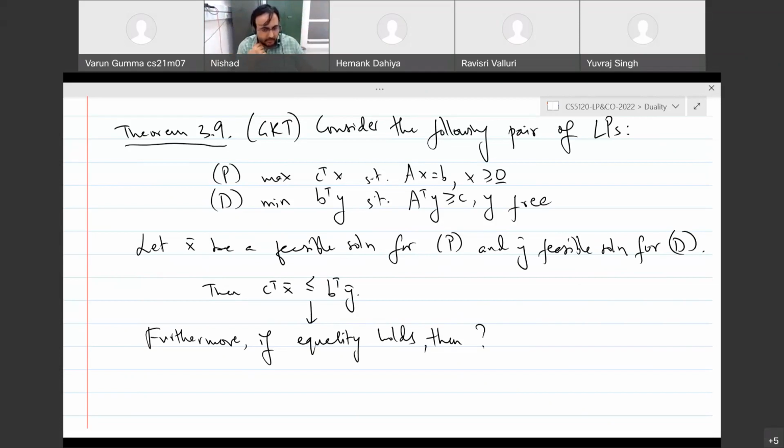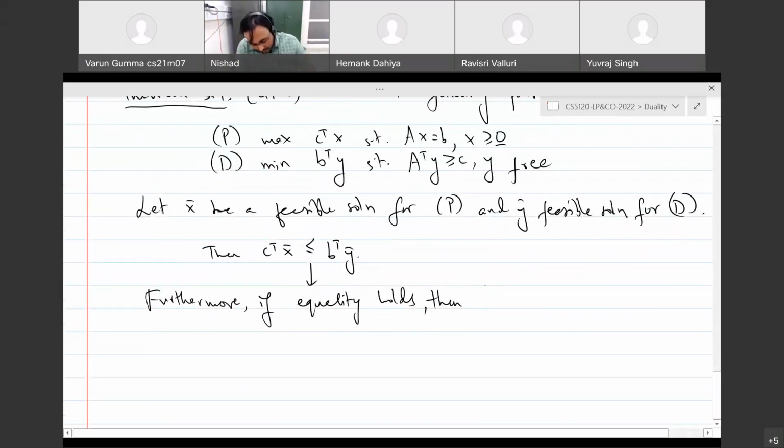Sorry, B transpose y bar will be what? If we have equality, I think C transpose X will be the maximum and B transpose Y will be the minimum. So I think X will be optimal for the primal and Y will be optimal for the dual. Right. X bar is an optimal solution for the primal LP and Y bar is an optimal solution for the dual LP. So whenever equality holds.